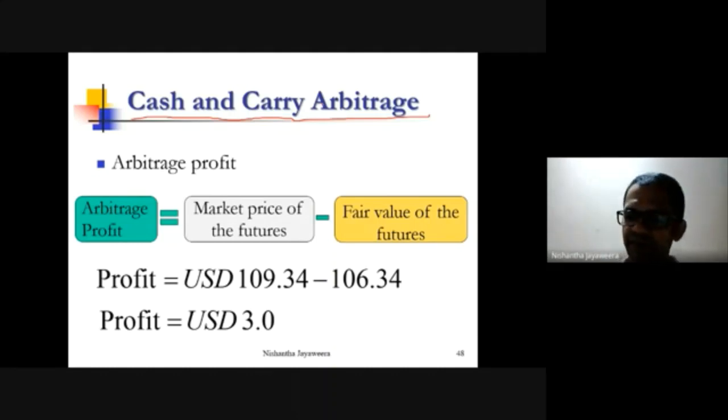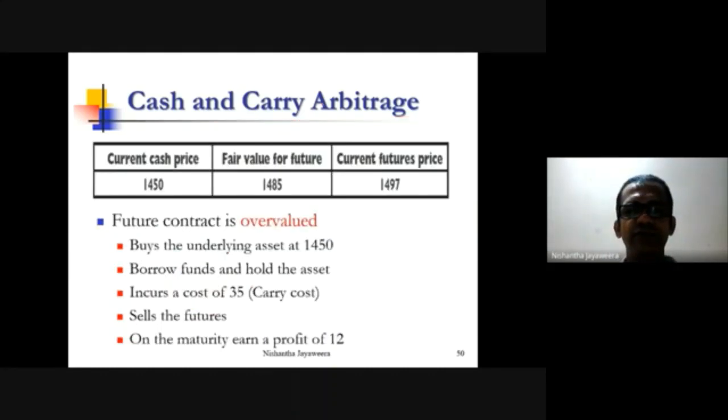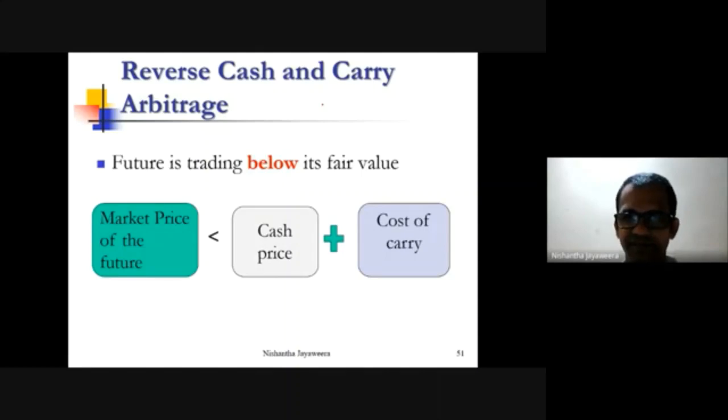Okay, then what would you do if it is the other way around? If the futures is trading below its fair value, that means the market price of the futures contract is less than the cash price plus the cost of carry.